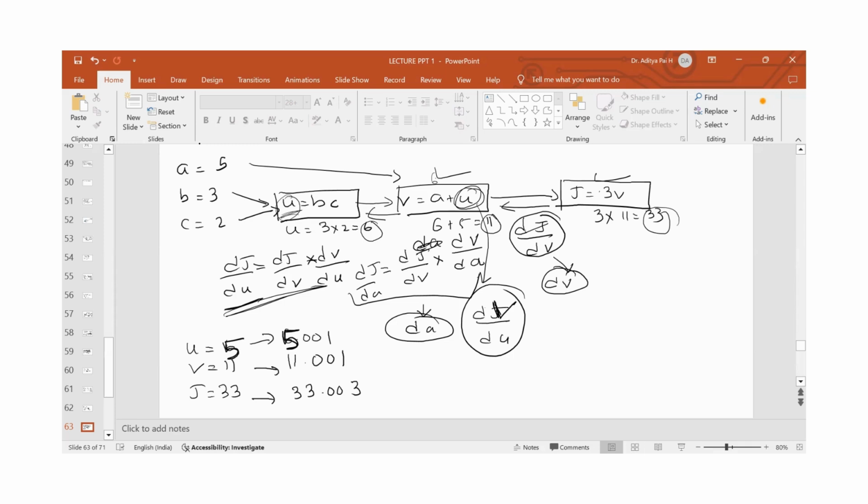So 5.001 plus 6 is 11.001, and this 11.001 into 3 will be 33.003.